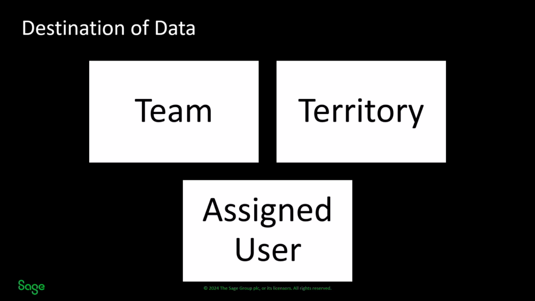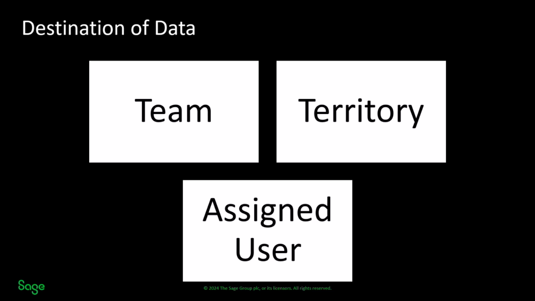Now, if this is not specified, either in the screens which guide you through the upload process, or within the data itself, and that is then matched to the CRM columns, then the data is going to be added to the home territory of the user performing the data upload.